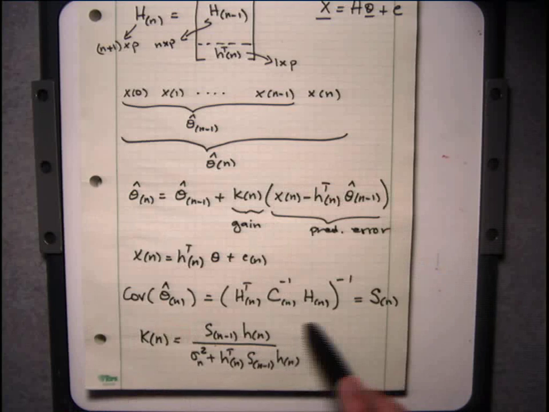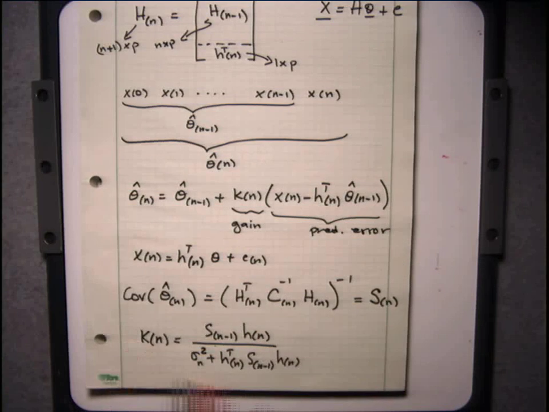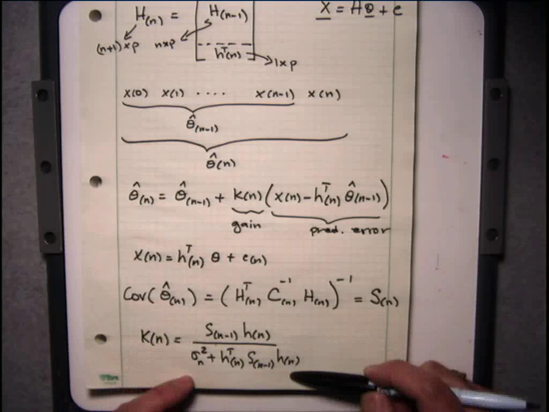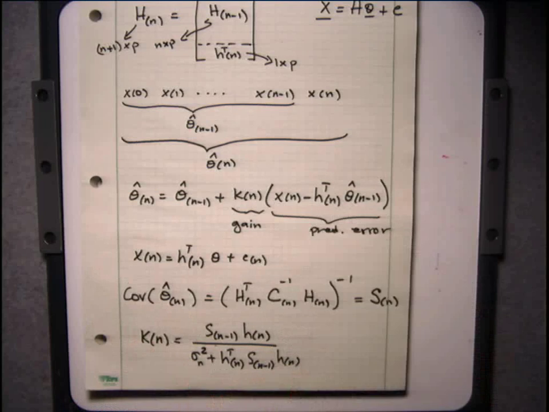If you look at this expression here, what you see is that the gain is basically somehow a normalized version of the uncertainty from the previous estimate. So you see an expression here that looks like what you have in the denominator here.